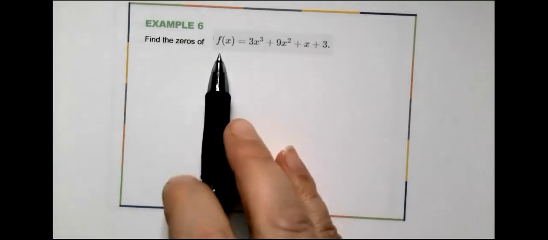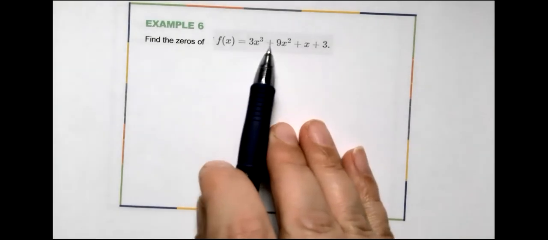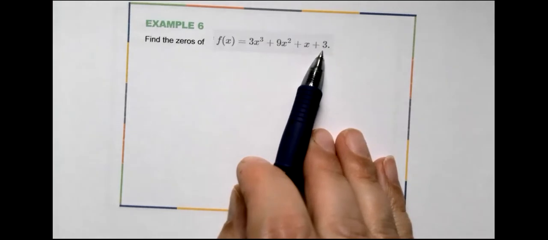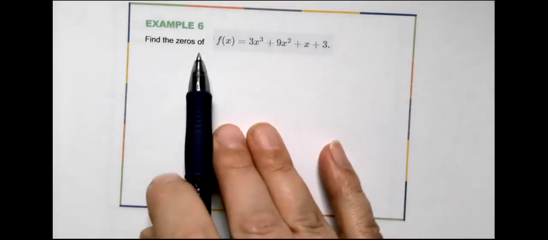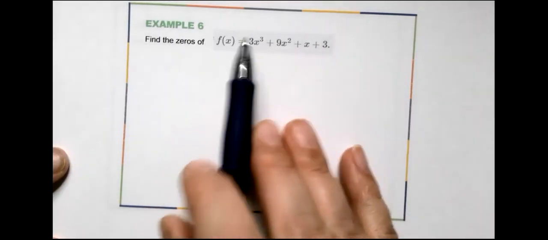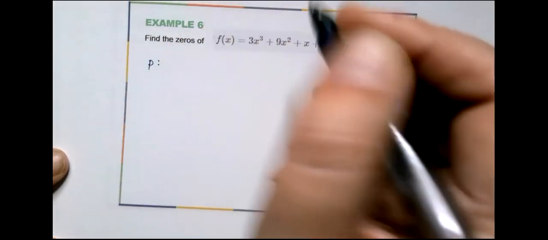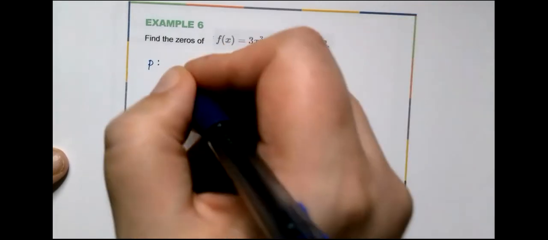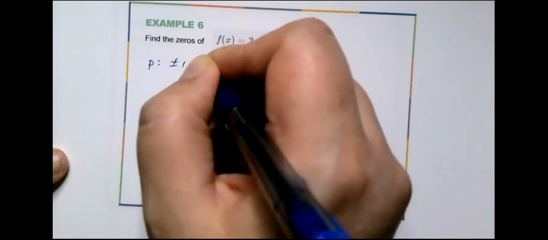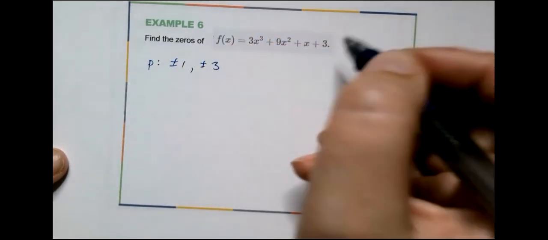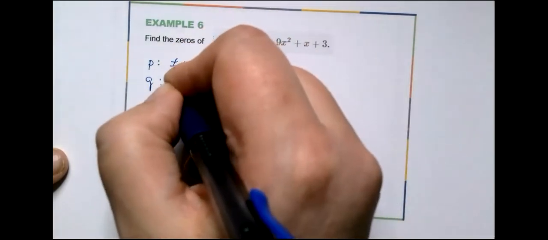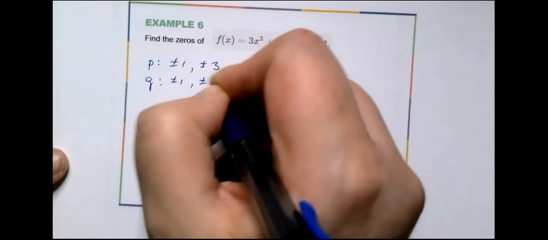We have f of x, which is 3x cubed plus 9x squared plus x plus 3, and we need to find all the zeros of this polynomial. So we're going to write the factors p of the last coefficient. So we have plus or minus 1, plus or minus 3. And for q, we have the same thing, plus or minus 1, plus or minus 3.